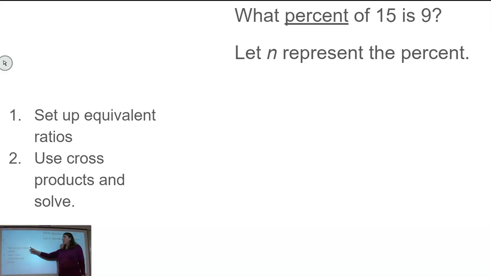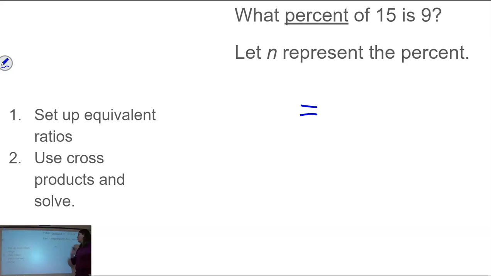The first step is to set up equivalent ratios. I don't know the percent, so I'm going to put my equal sign, and then I have n over 100, right? Don't know my percent. However, I do know that my percent is out of 15 is 9.